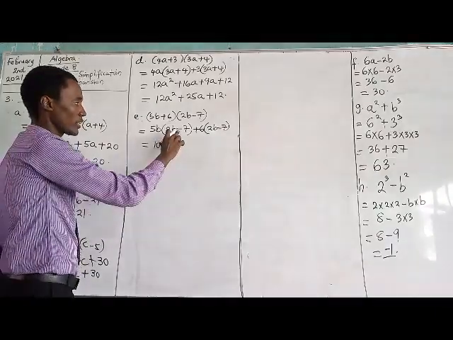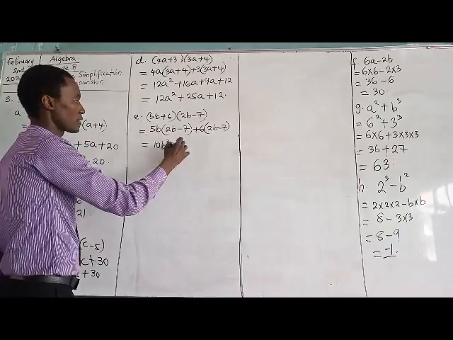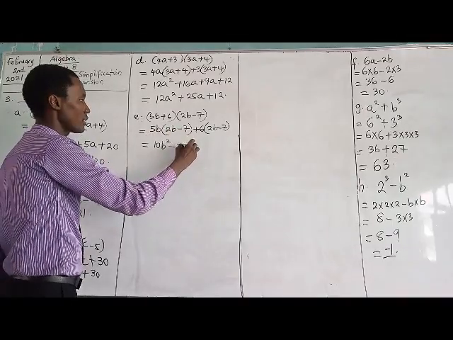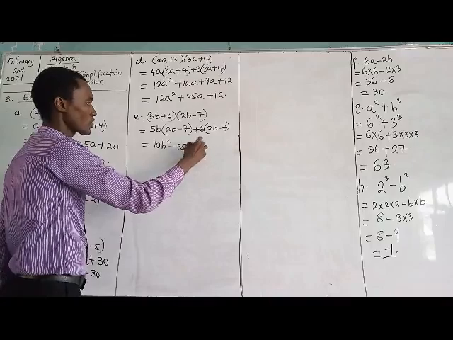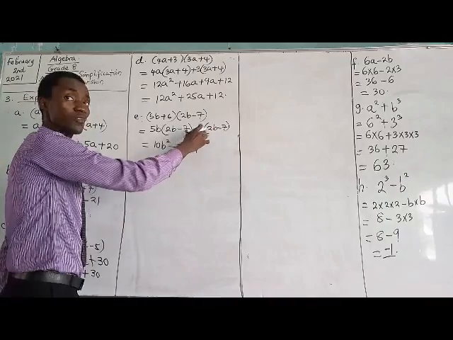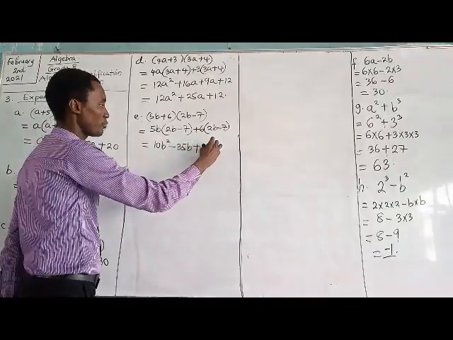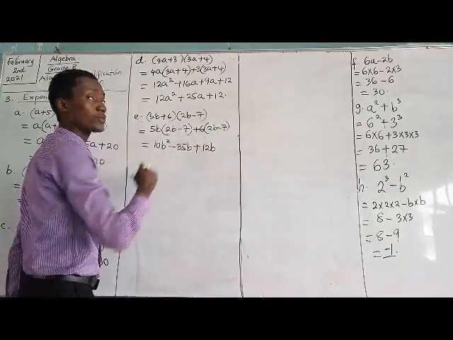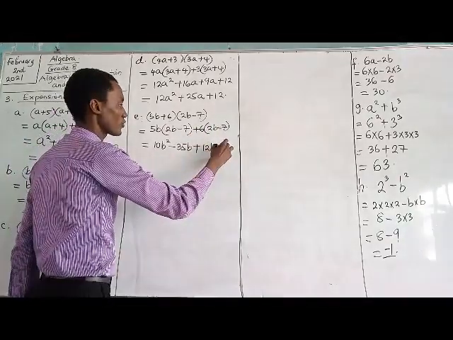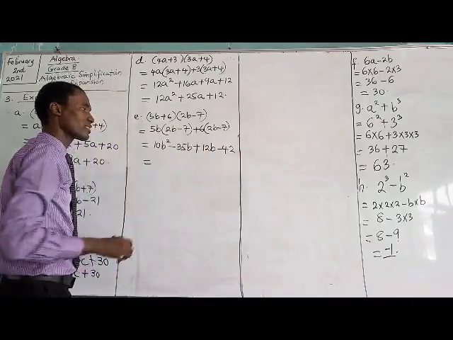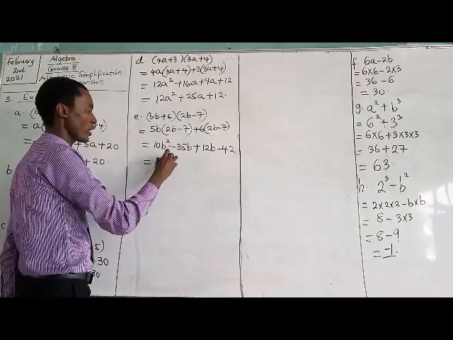Minus, this is negative, this is positive, 35b, and this is what? Plus, positive, positive, 12b. 6 times negative 7 is what? Minus 42. The next thing you have is 10b squared.